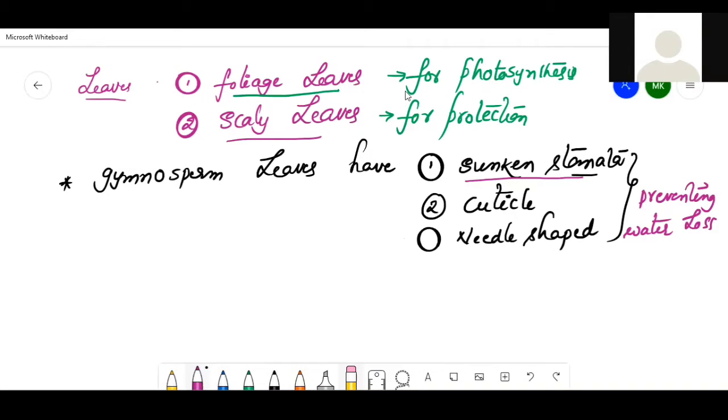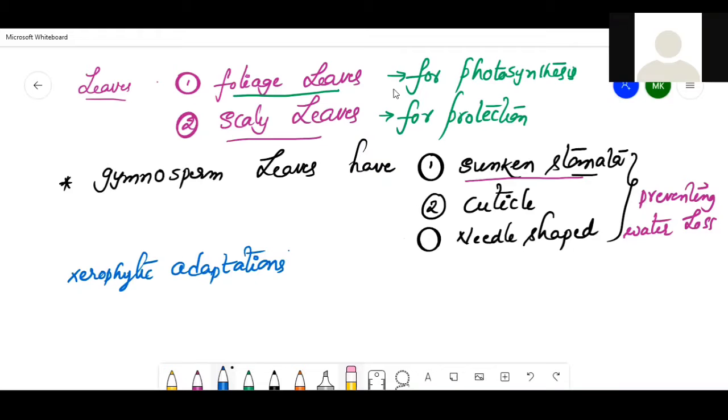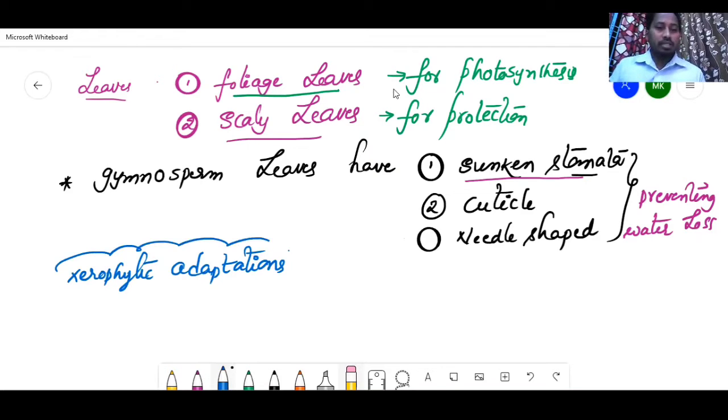All these are xerophytic adaptations. Remember, all the above characters are xerophytic adaptations. Xerophytic adaptations means many gymnosperms grow in xerophytic conditions.